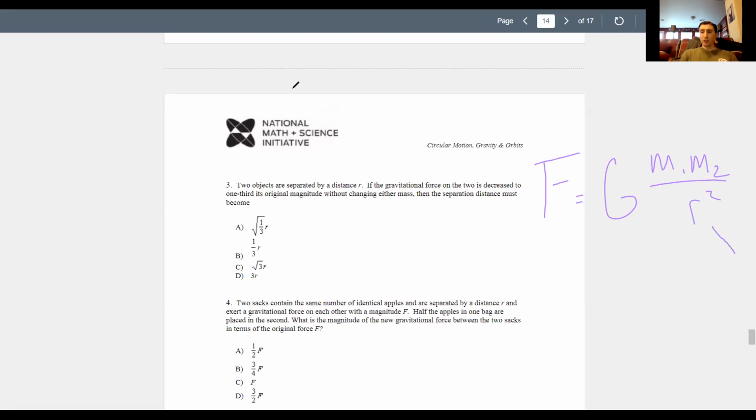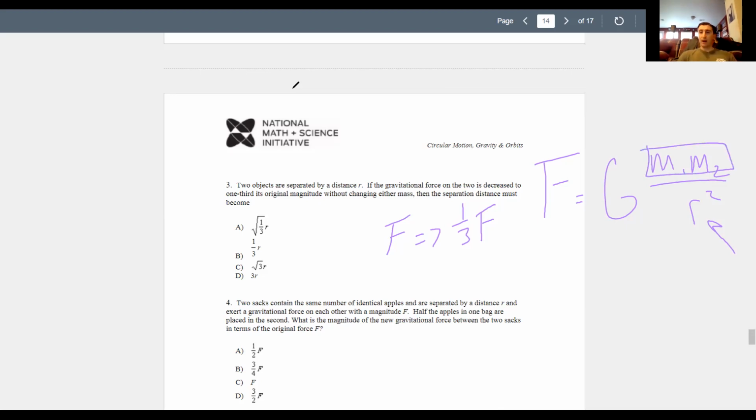The only thing we can change is the radius, and the force has to become 1/3 F. So how could we change this? Well, it should make sense. We're changing radius because we can't change these two. It says mass stays the same.